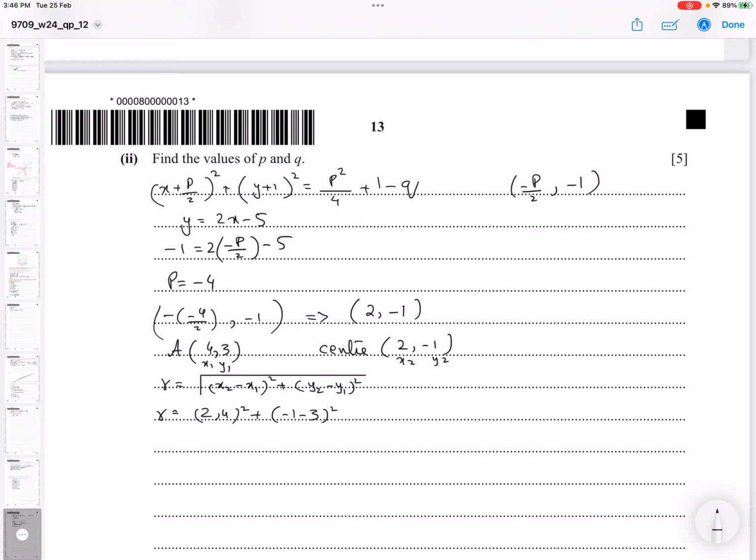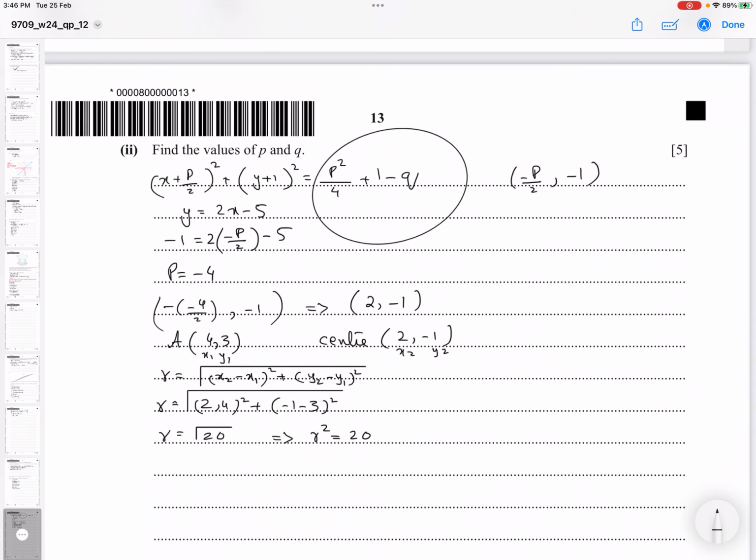You will get r equals root 20. So my r squared would definitely equal 20. So this part is my radius, which I'm circling for you.